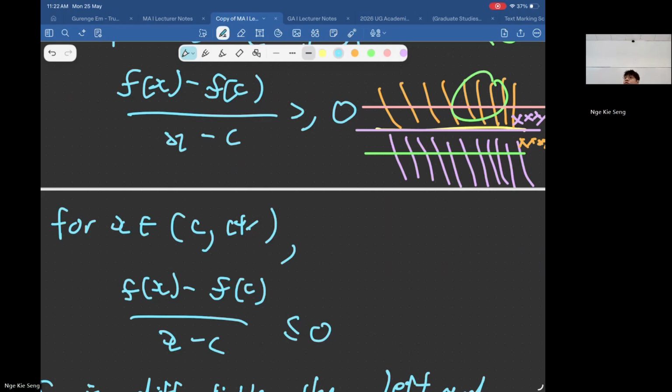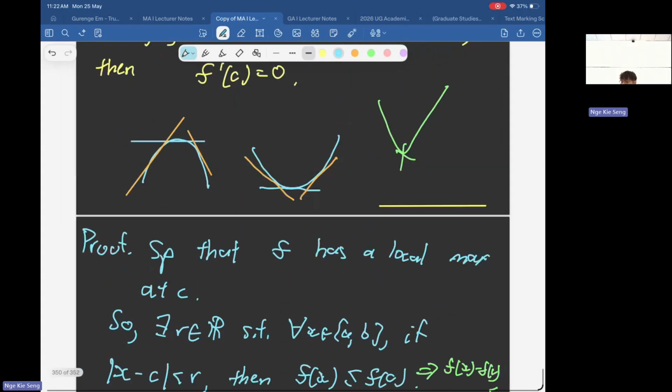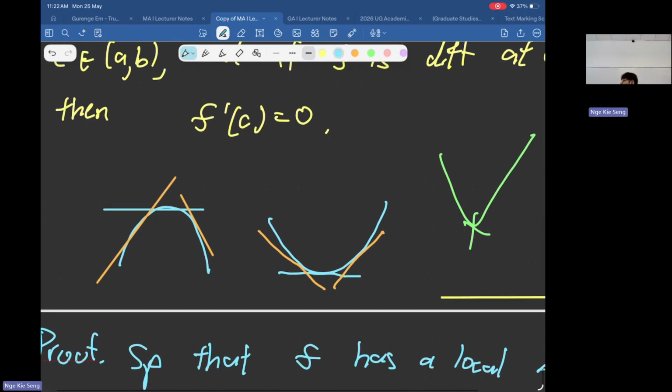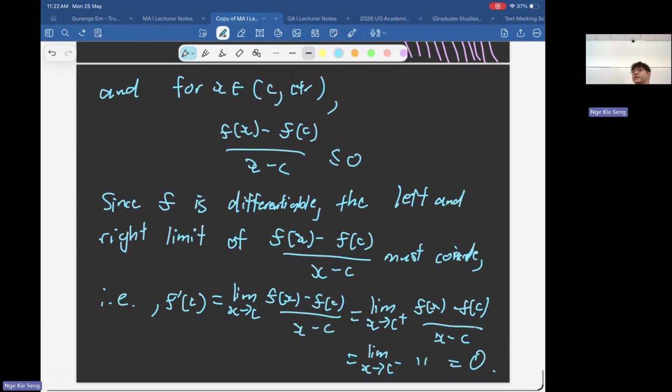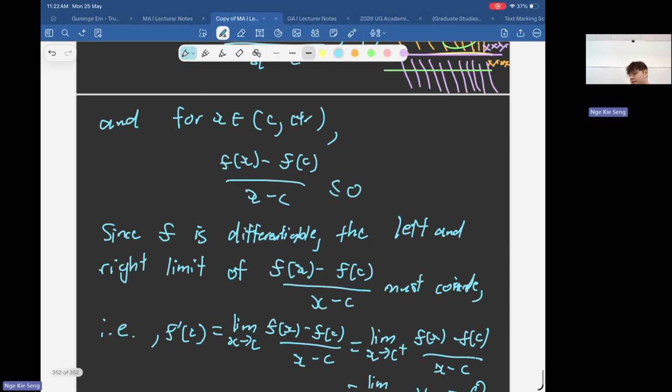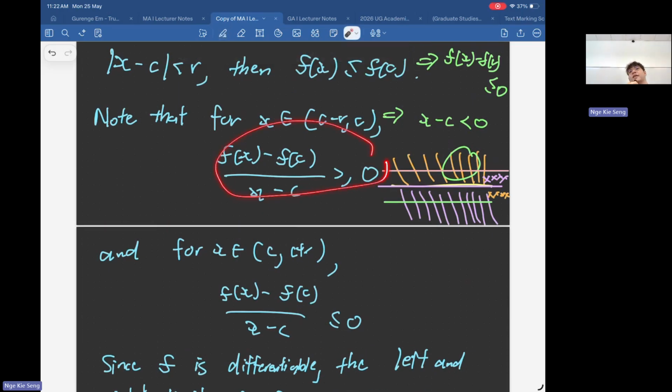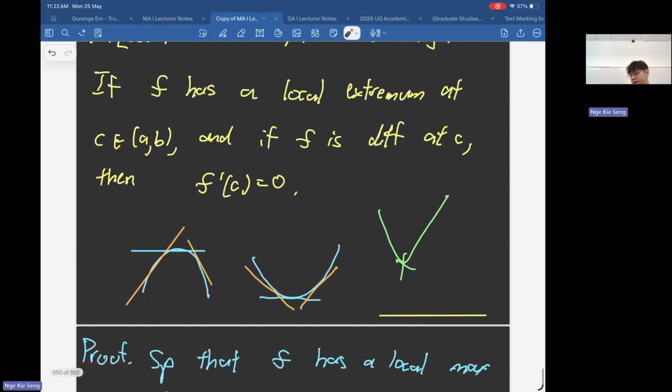Any question so far? You can see how we explain using the picture and how we explain using this analysis here. Try and see what's the similarity and what's the difference in the argument. Actually quite similar, right? In this analysis, we also say that on the left hand side it should look something like this, on the right hand side something like this.